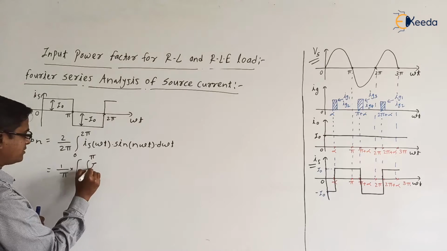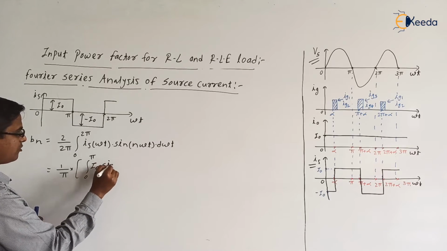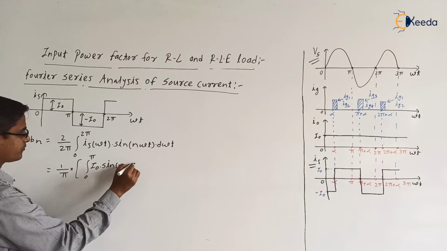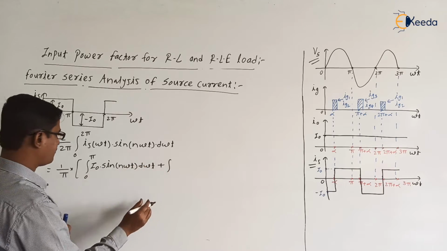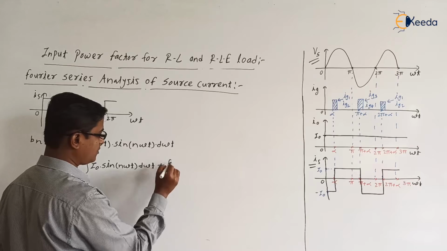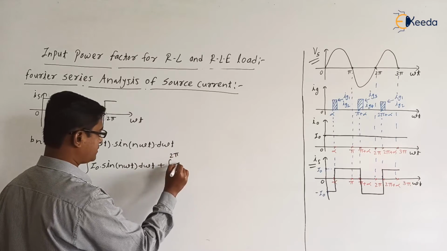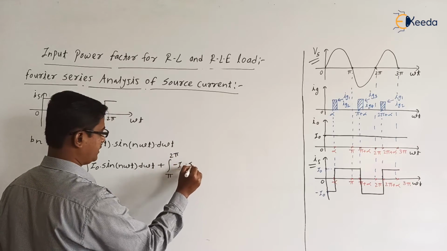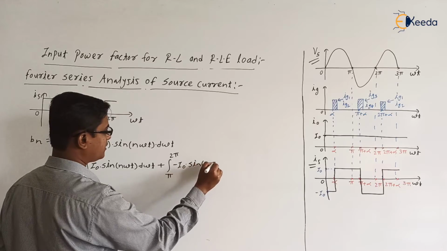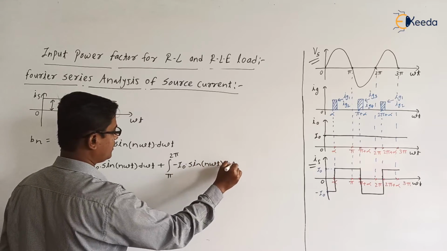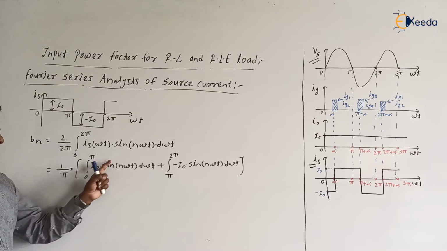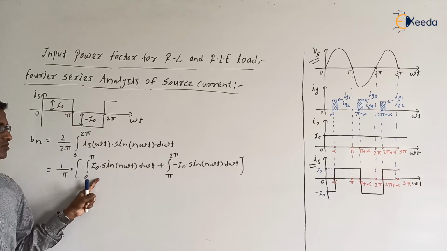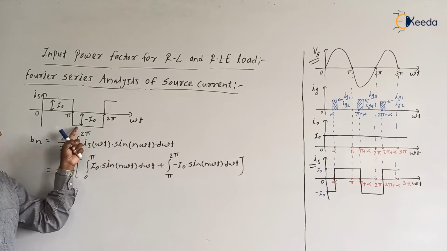It is I0 into sine of n omega t into d omega t plus integration from pi to 2 pi, minus I0 into sine of n omega t into d omega t. Is this clear? i of omega t during 0 to pi is plus I0, during pi to 2 pi it has a minus I0 value.